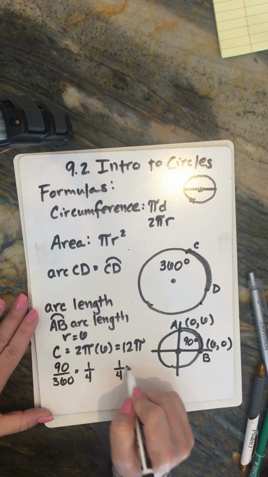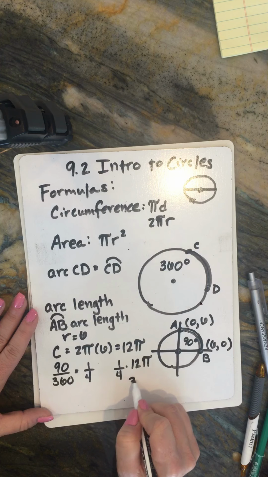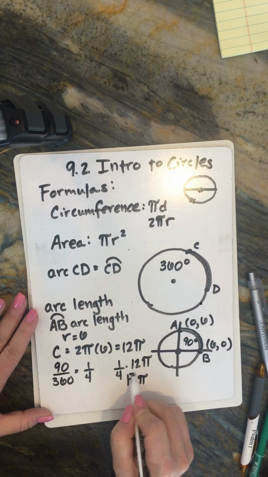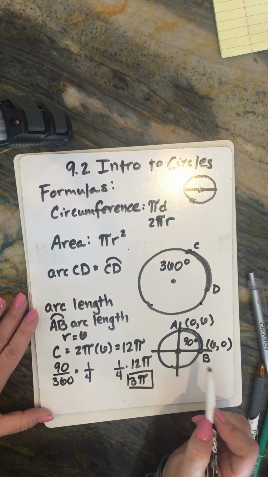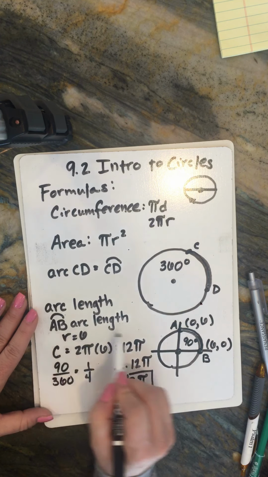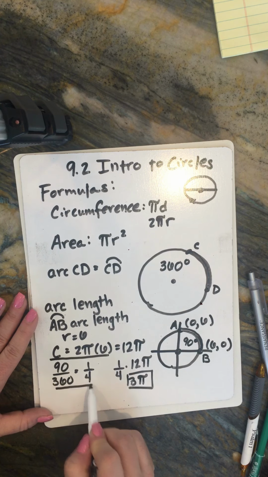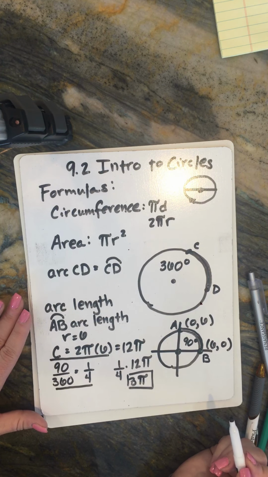So 1/4 times 12 pi, which is 3 pi. So to find arc length, maybe make yourself a little note, a summary. To find arc length, you need the circumference and the portion of the circle that you are working with.